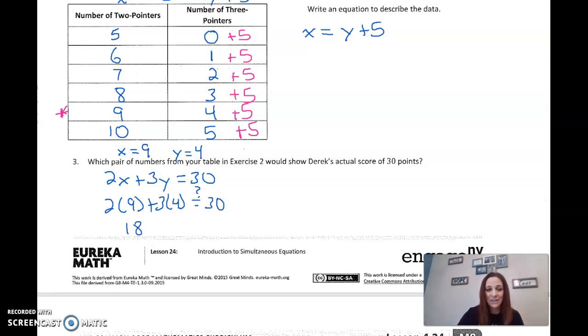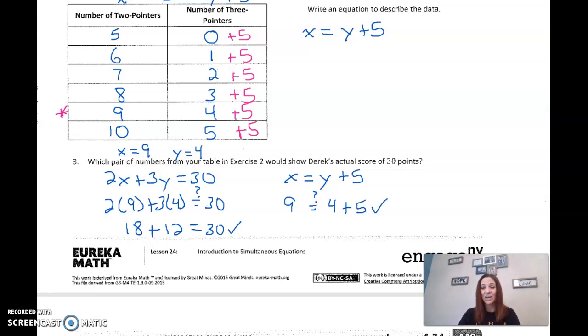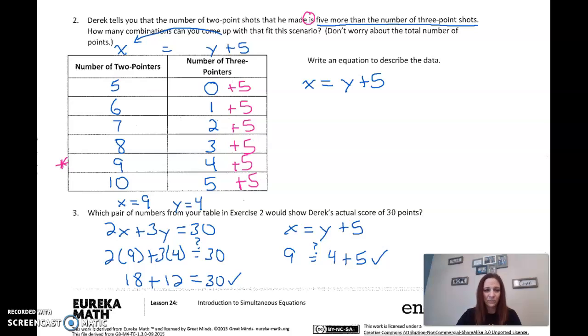Well, 2 times 9 is 18, 3 times 4 is 12, does it equal 30? It does. Okay, so what about our other equation here? If we have x equals y plus 5, again, if I plug in 9, does that equal my y value of 4 plus 5? Yes, it does. It checks.